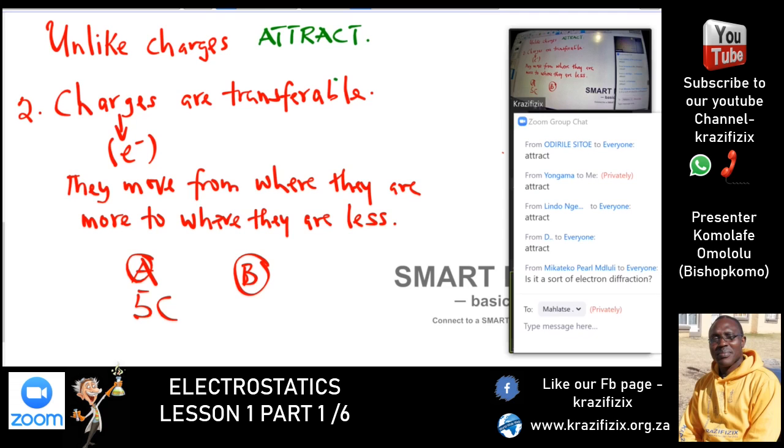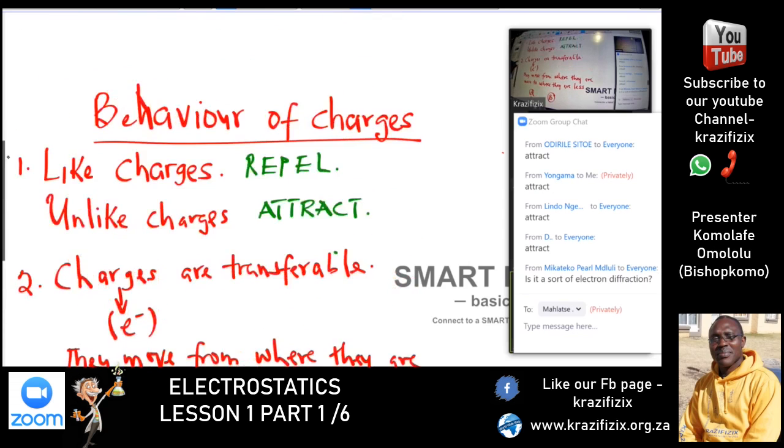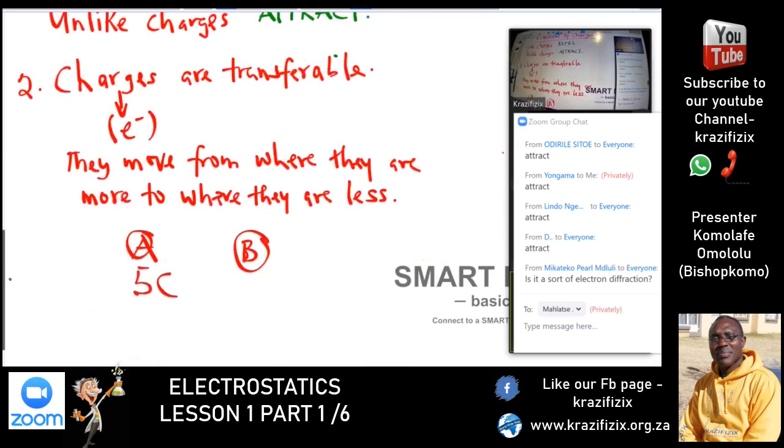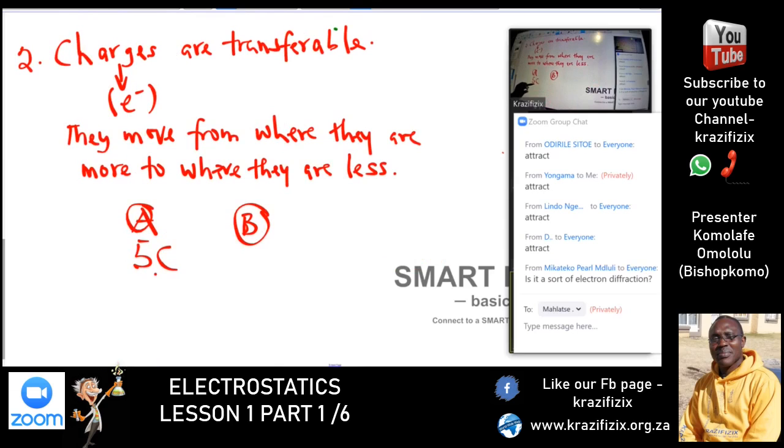Remember we said charges are either positive or negative. Guys, please note what I did here on purpose. It is wrong. What is wrong with this? There is no sign. We need to know whether it is positive or it is negative.